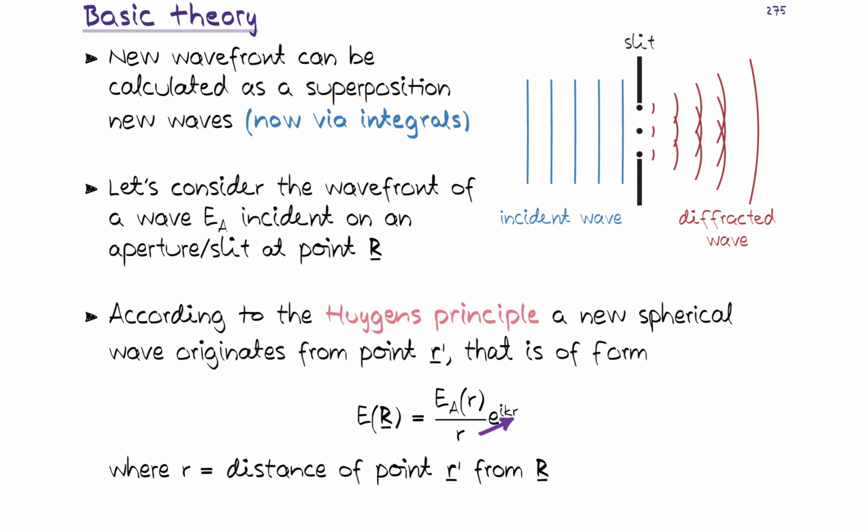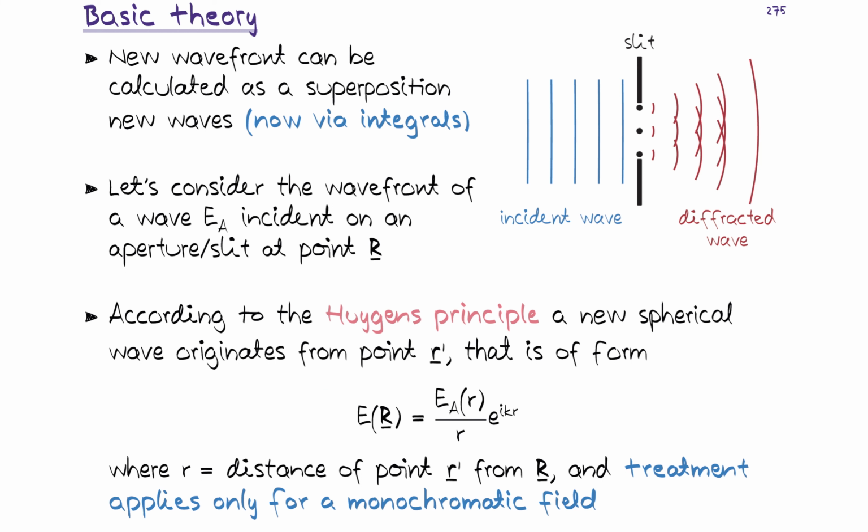In here, this phase function gives us the phase of a spherical wave, so this is perfectly fine. Let's not put vectors k and r here, but rather scalars, so that we really have a spherical wave mathematically. So this is our single spherical wavelet originating from a point r prime at our aperture function, and r is the distance of point r prime from R. The treatment here we only do for a single monochromatic field.